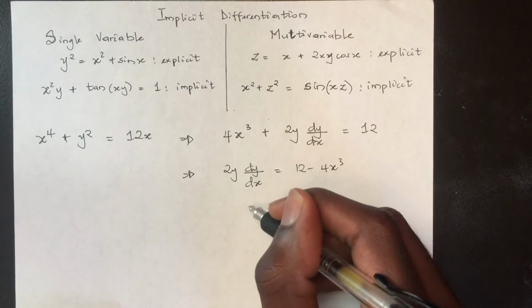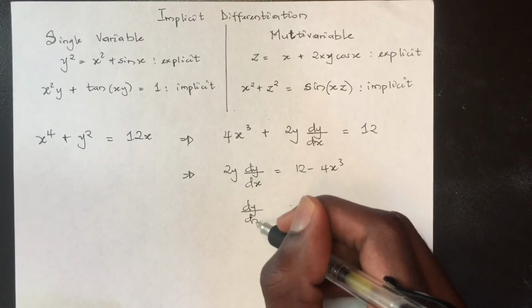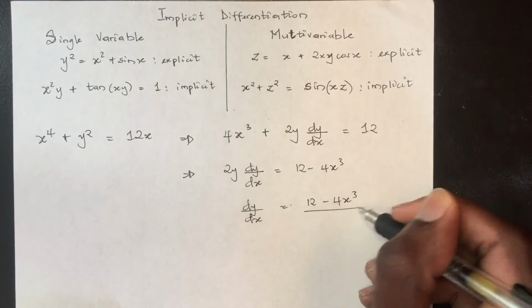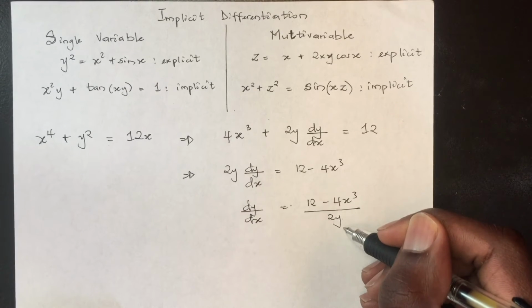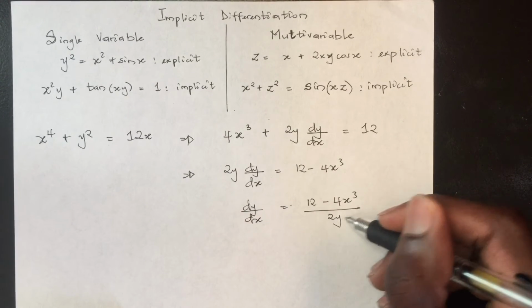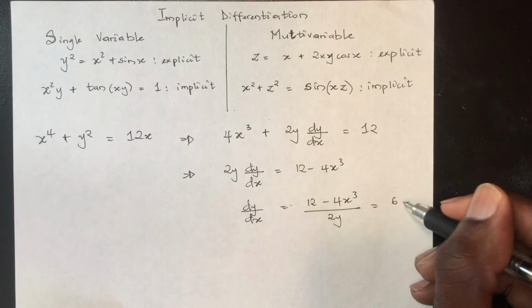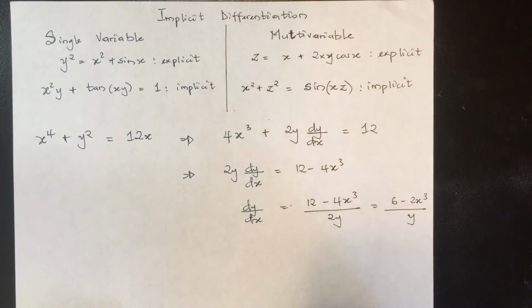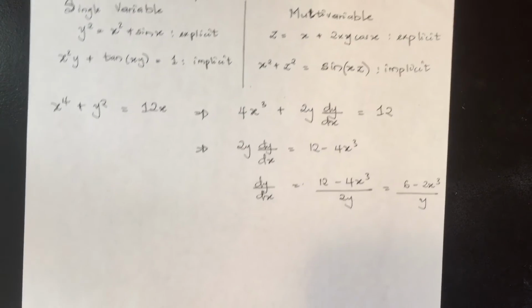And then we'll be left with dy/dx equals (12 minus 4x cubed) over 2y. And if we divide by 2, we're going to get (6 minus 2x cubed) over y, and that is your answer. As simple as that.